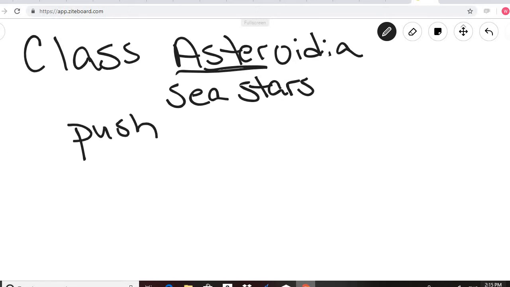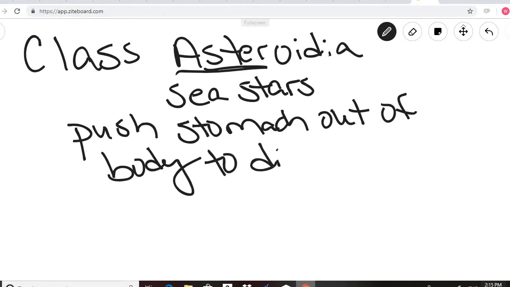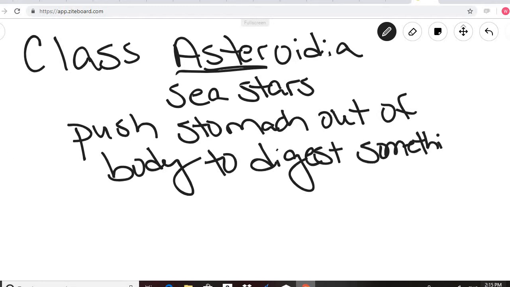Fascinating. So they pry open a really small opening in a clam, and then they can put their stomach inside the clam and they can eat the clam. So fascinating way for them to eat.